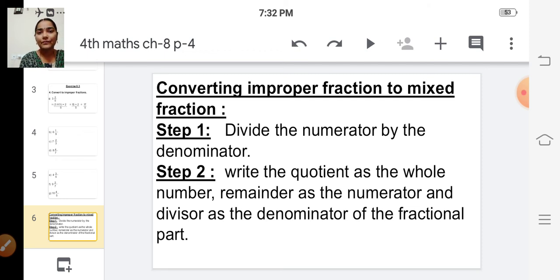fractional part. We are going to divide the numerator by denominator, and in mixed fraction we should have whole number, numerator and denominator, isn't it? So we should write quotient as whole number and remainder as numerator and divisor as denominator.